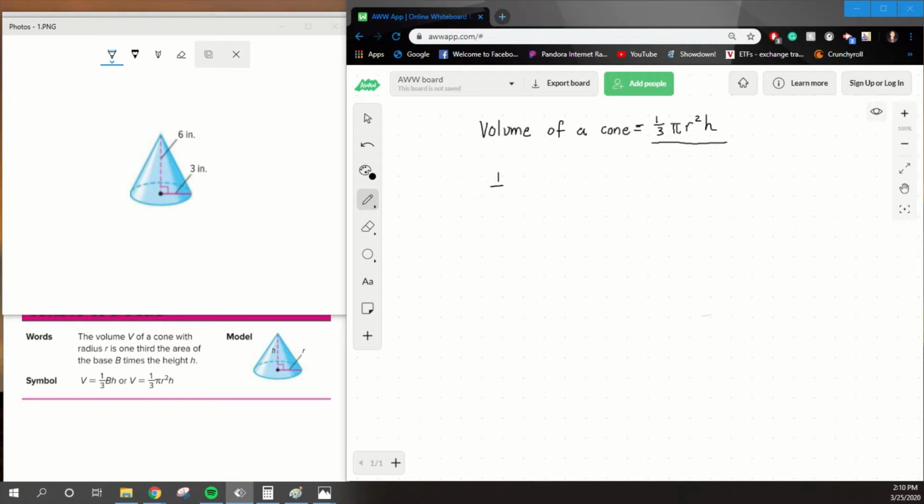So I'm going to write out, we have 1/3 pi, remember we're using the pi button, not 3.14, we're using our pi button on our calculator, times r squared. Well, our radius of this is 3. So I have 3 squared, which is 9, so I'm just going to plug in 9, times our height, which in this problem is 6.